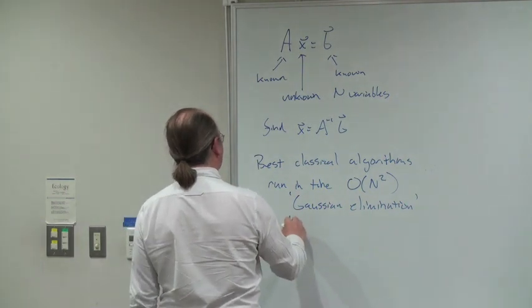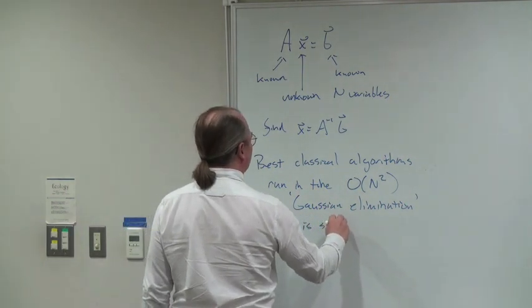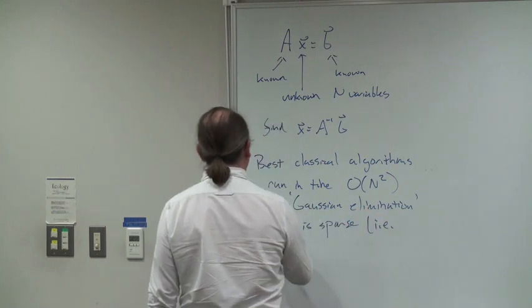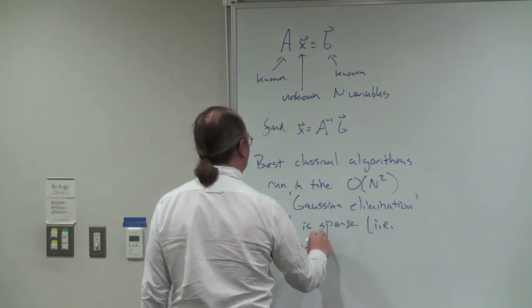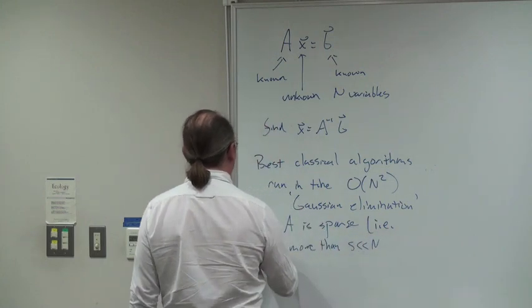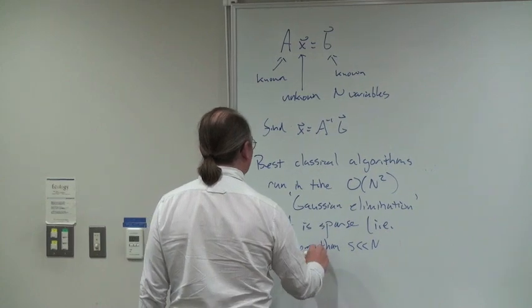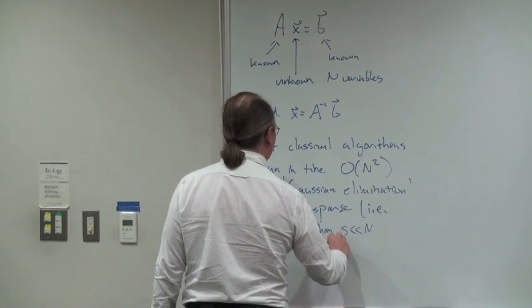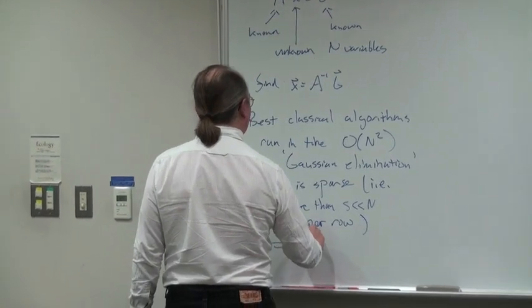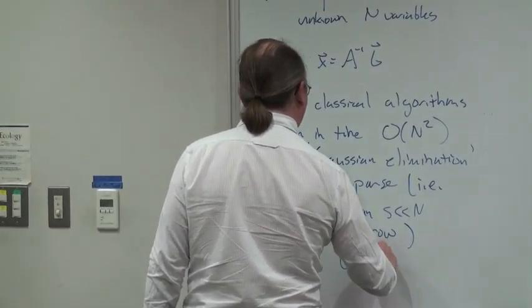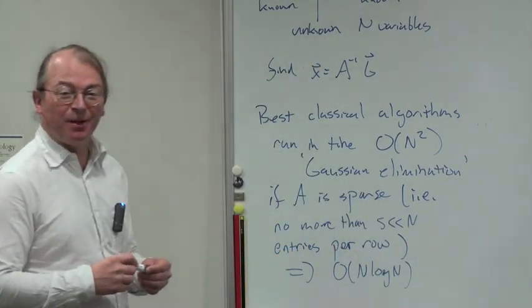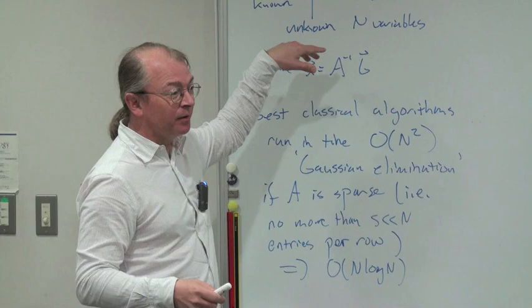And if A is sparse, so that means no more than S entries per row, where S is a lot smaller than n, then it takes time order n log n, which is pretty good actually, because there are n rows.